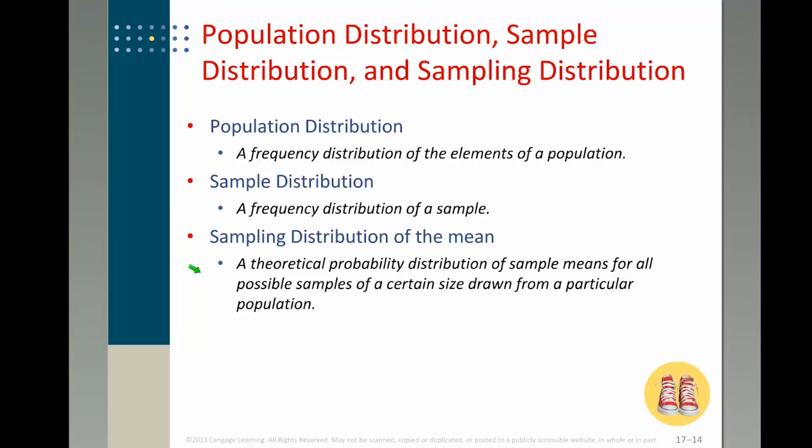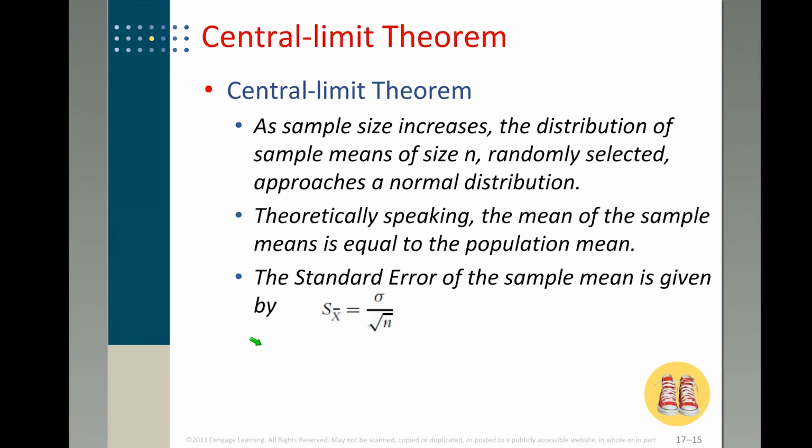So this leads to one important theorem in statistics called the central limit theorem. The central limit theorem answers the questions I just asked. It tells us the distribution of our sample mean. Basically, the idea is now you have a population.